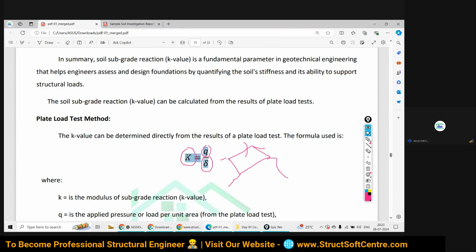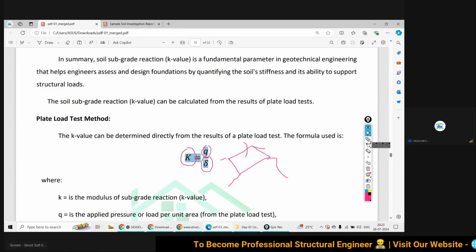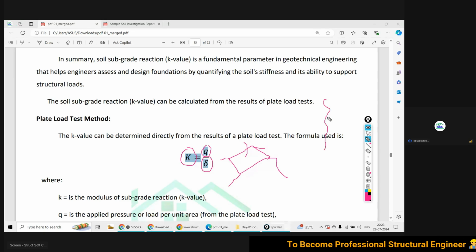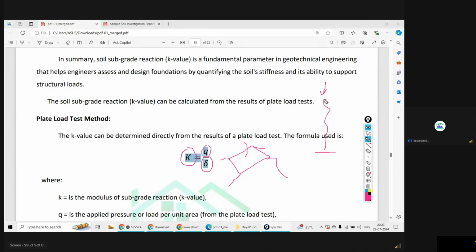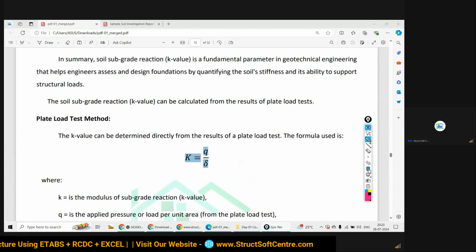If you apply a load on a spring, it gets deformed. When you remove the load, the spring attains its actual shape, right?